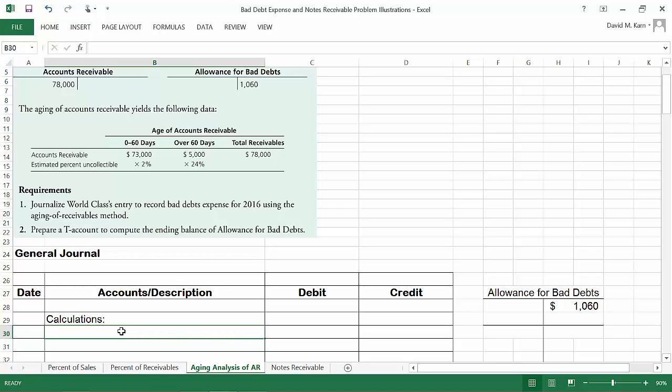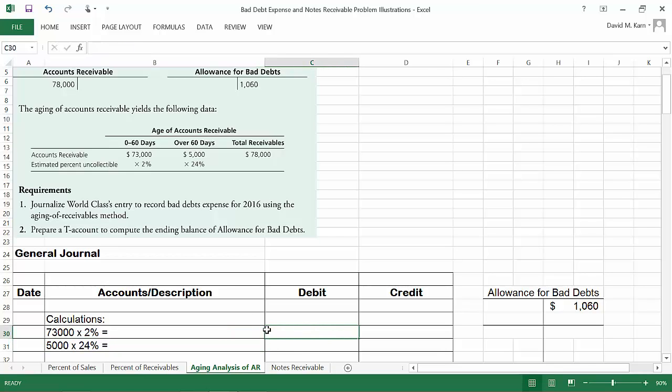So we're going to take each category: 73,000 times the 2%, and then 5,000 times the 24%. If you had more categories, you would do the exact same thing.